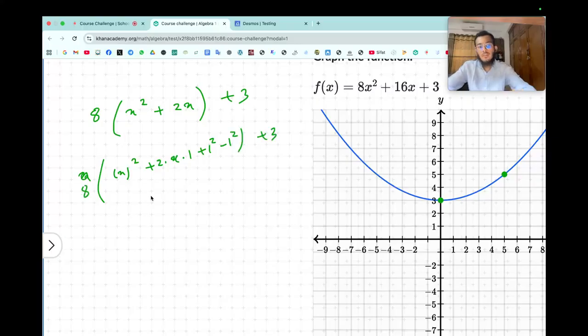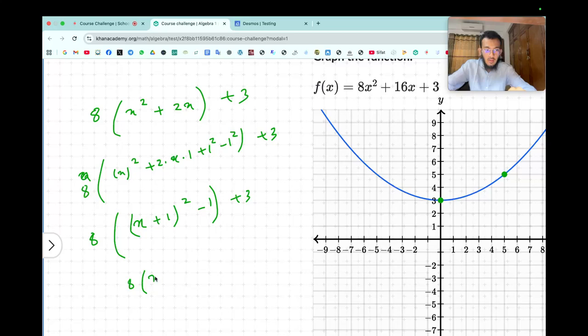Let's see whether we have preserved equivalence or not. 1 square minus 1 square gets cancelled out. 2 times x is just 2 times x, and everything is preserved. So we can rewrite this as x plus 1 whole squared minus 1, plus 3.